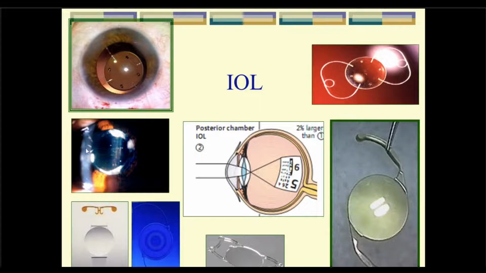So we calculate the intraocular lens using the indexes of the cornea, the size of the eye, and we calculate the refractive power of the intraocular lens.